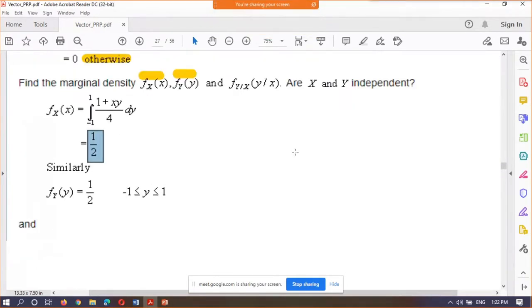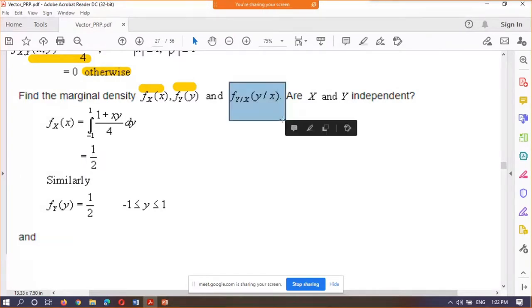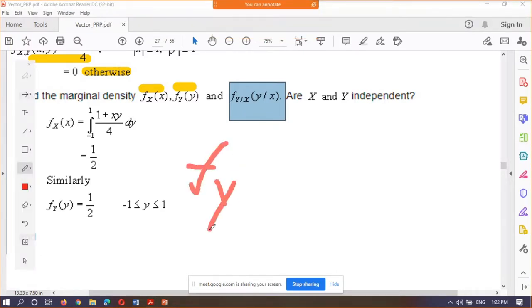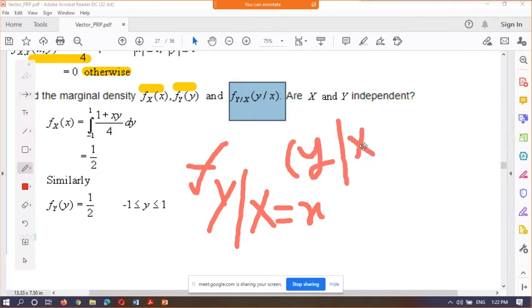Now we come to the concept of conditional density. Why conditional on x? And we have to calculate like this. What we actually mean by this notation is f y given x. Actually we write it like y given x equals to small x.